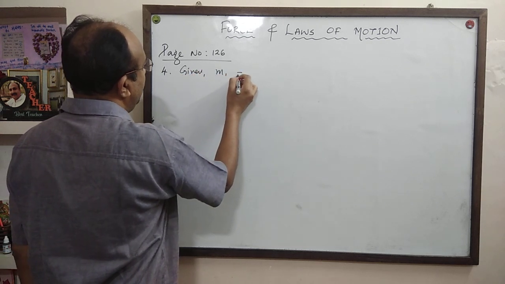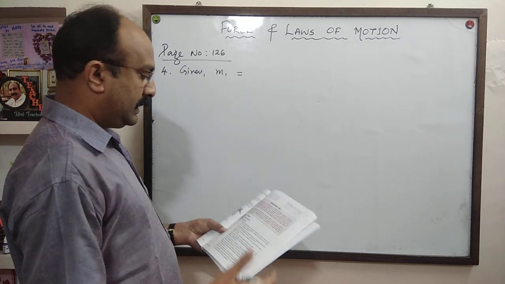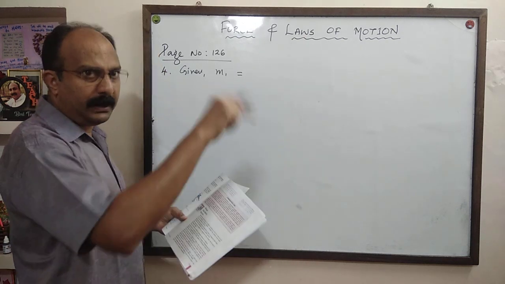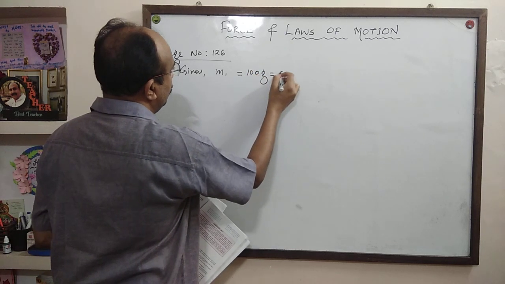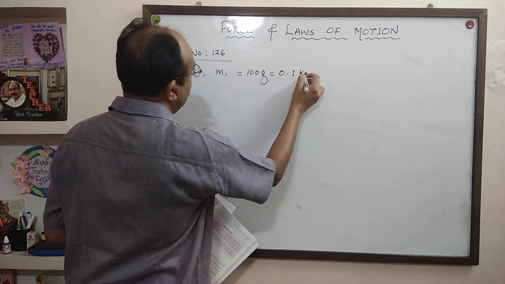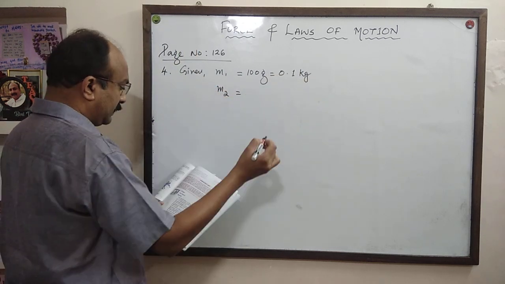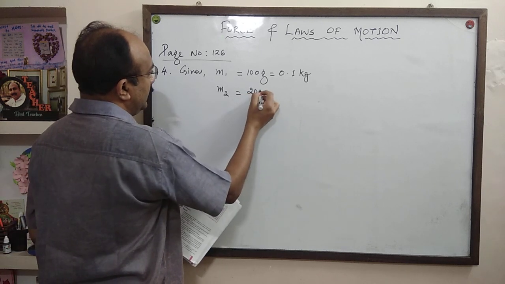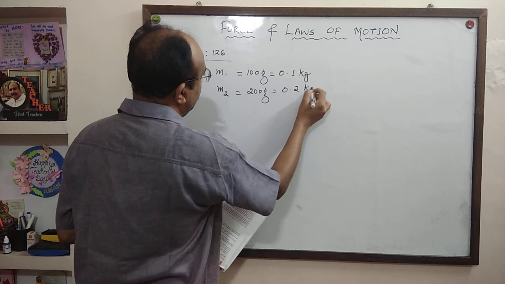Mass of the first body, you may write in full sentence, I am writing only M1. Mass of the first body in bracket M1 is equal to 100 gram is equal to 0.1 kg. Mass of the second body M2 is equal to 200 gram is equal to 0.2 kg.